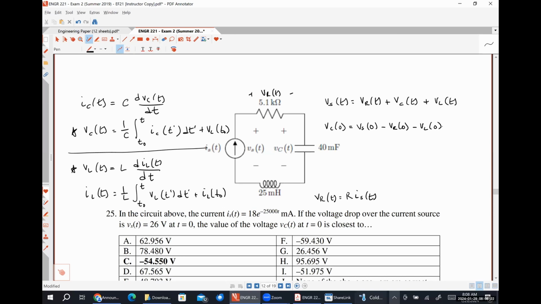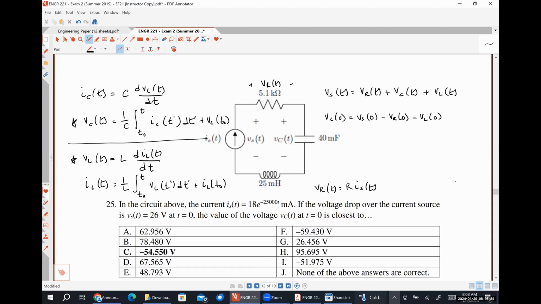Everybody okay with that? So I've just reorganized my Kirchhoff's voltage law expression, and I'm explicitly evaluating it at t equals 0 because that's what we're interested in. Okay. So Vs at 0 is very obviously, actually, 26 volts. We were already told that.